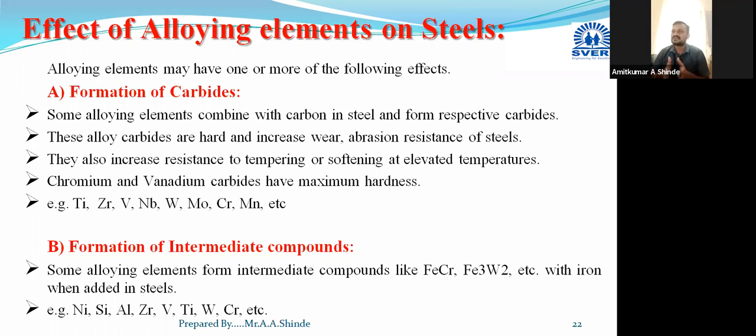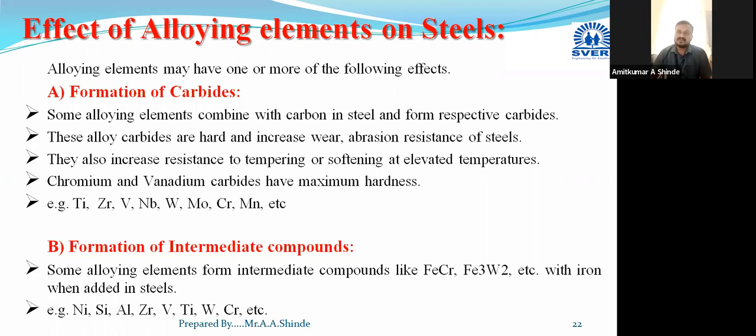That process is termed as tempering or softening. Due to the formation of these carbides, this resistance to tempering will be more. That steel will provide more resistance, or it can be used at elevated temperatures for longer durations.